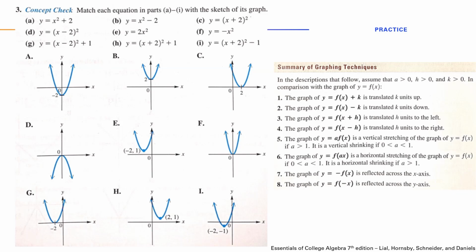So for this problem, we'll have A to I, and then we're matching with the graph. So let's do A. We have x squared plus 2, so we see that the parent function in this case is f of x equals x squared.